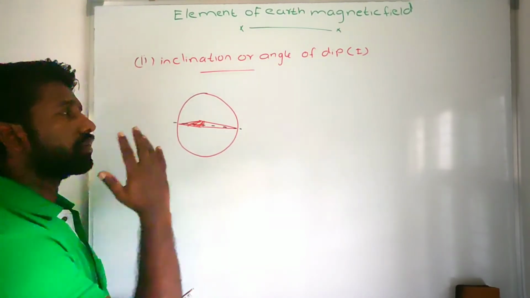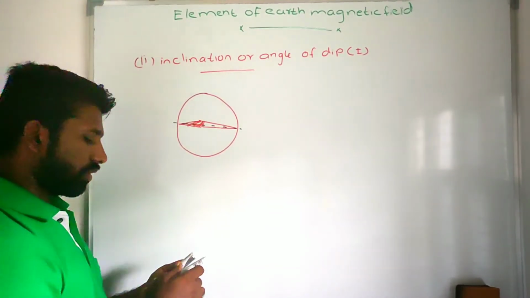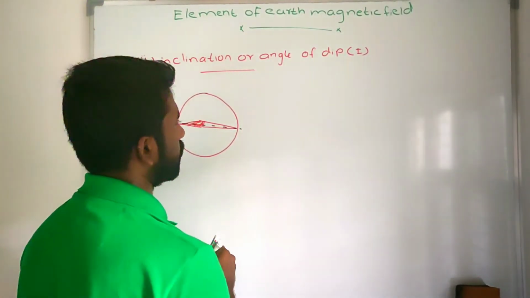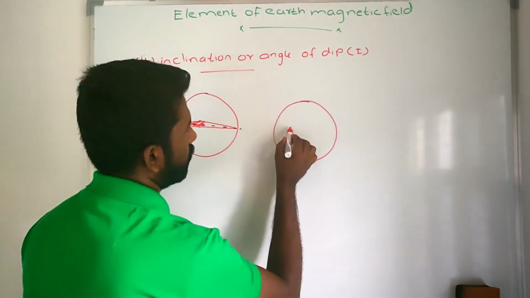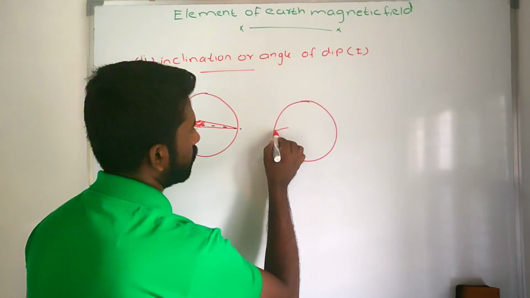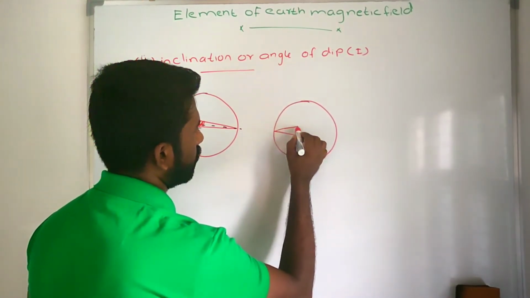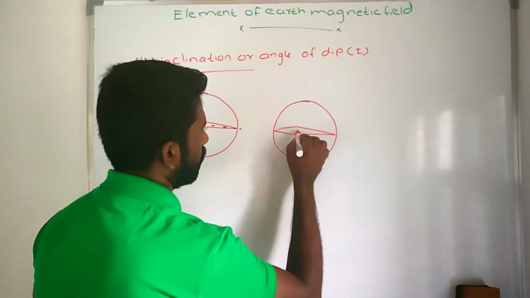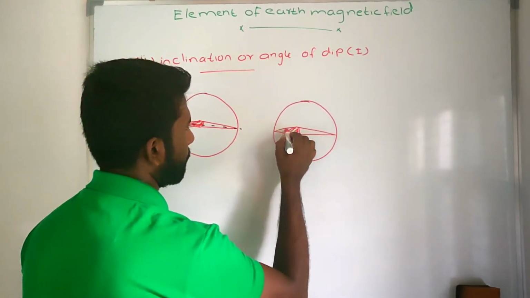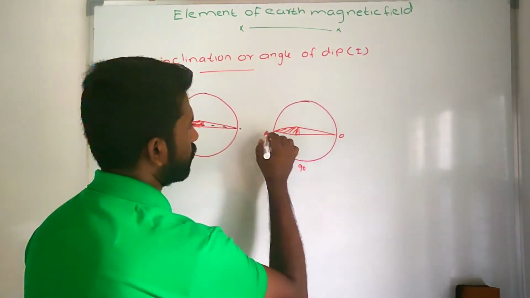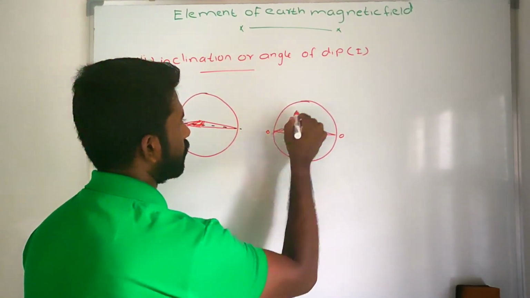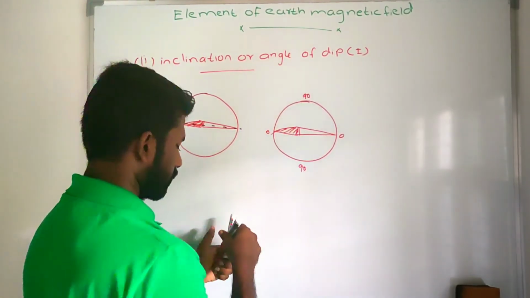The dip circle is similar to a vertical freedom compass. It consists of a magnetic needle like this, and here the angle is 90, then 0, and here it is 0, and here it is 90.